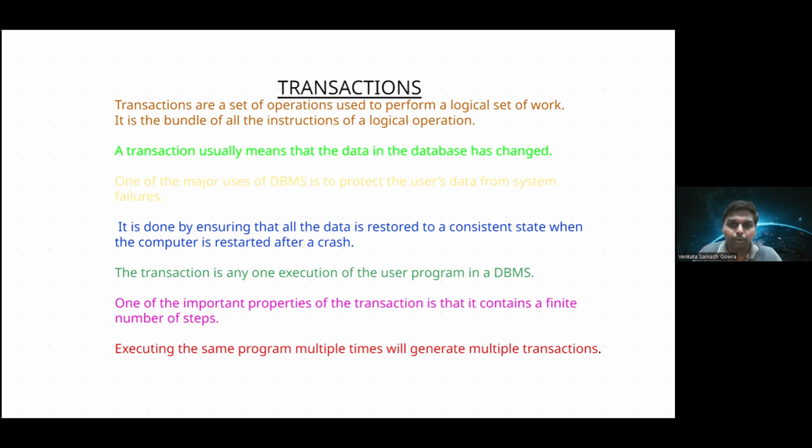Withdrawing your money from the ATM is the work, and the things you need to do are the set of operations, and that is a transaction. Next, executing the same program multiple times will generate multiple transactions. When you're using PhonePe or Paytm, if you make a payment, like if you give money to anyone or anyone sends you money, it is multiple transactions.